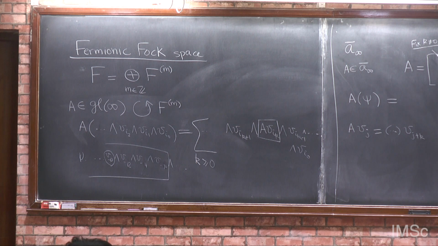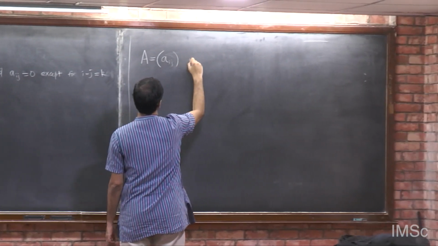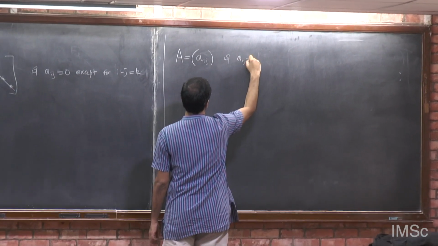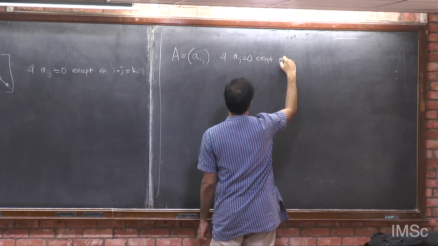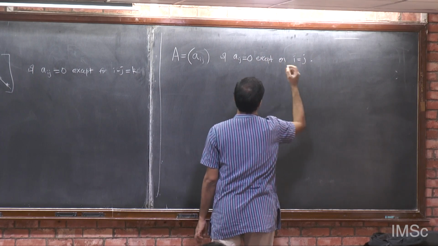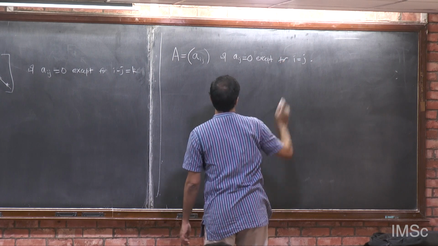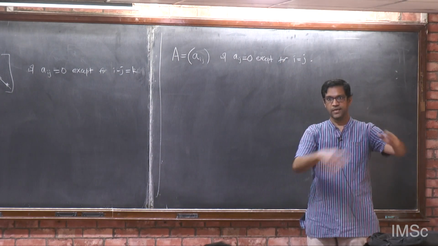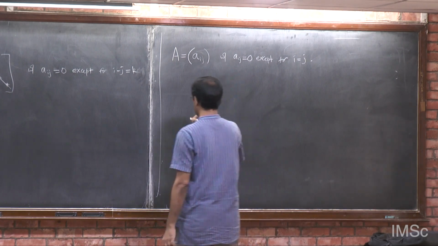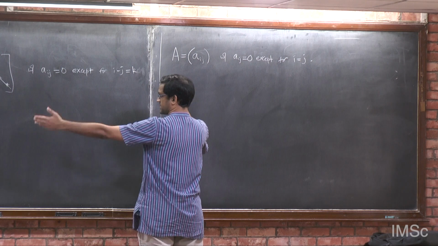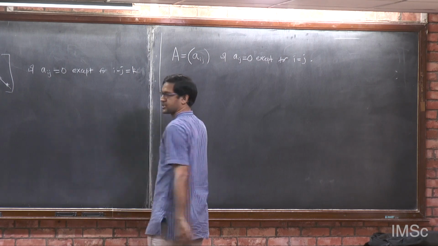Okay. So observe that if k is 0, in other words, let's take that case. Suppose A is just Aij with Aij 0 except on the main diagonal. So it's a diagonal matrix with some entries. Then observe that A acting on that wedge would give you the sum of all the Ai's, right?